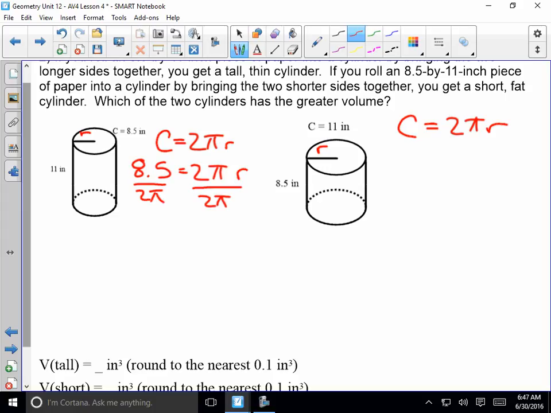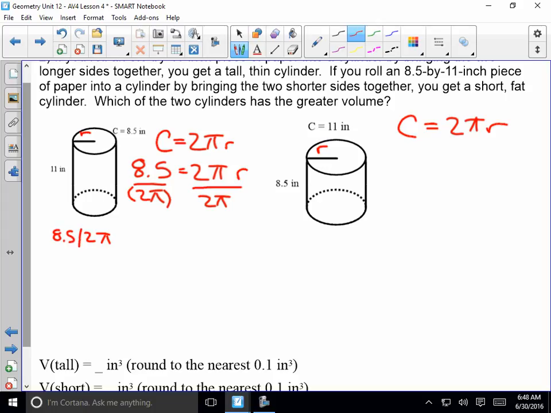Now, be very careful when you're typing this into your calculator. If you're typing it in all at once, you have to do 8.5 divided by parenthesis 2 pi to make this work properly. If you divide by 2 and pi after, I'll show a quick example here. 8.5 divided by 2 pi.